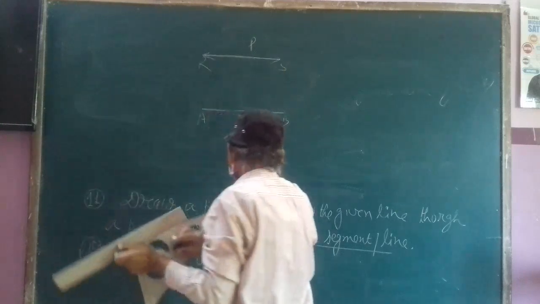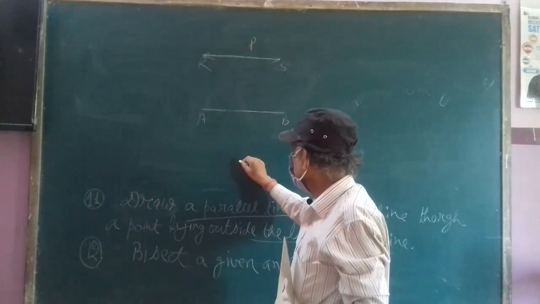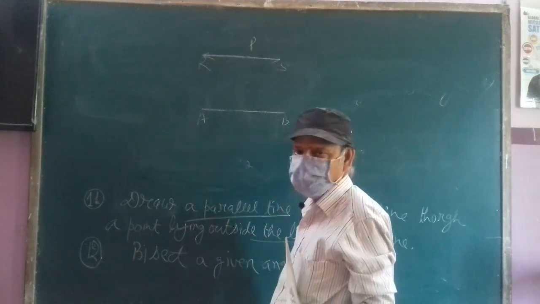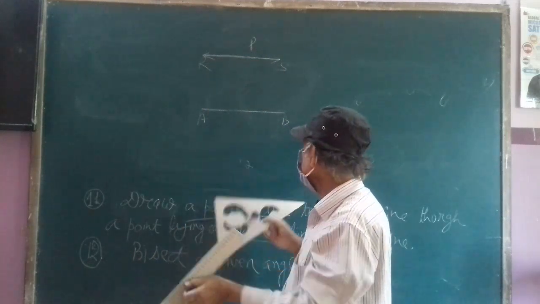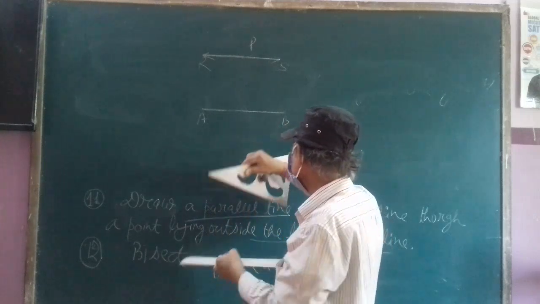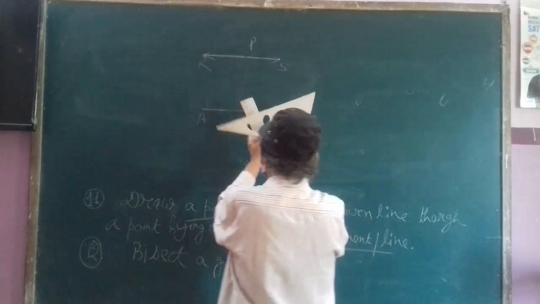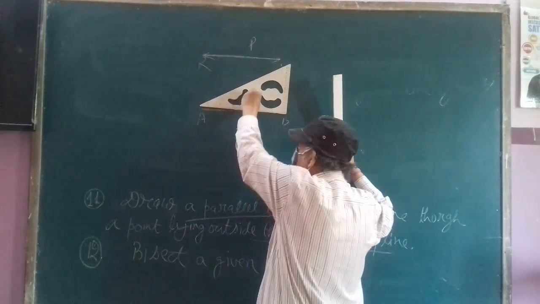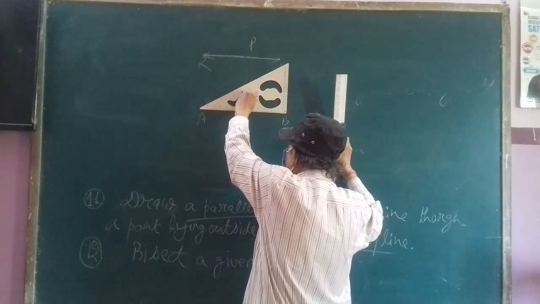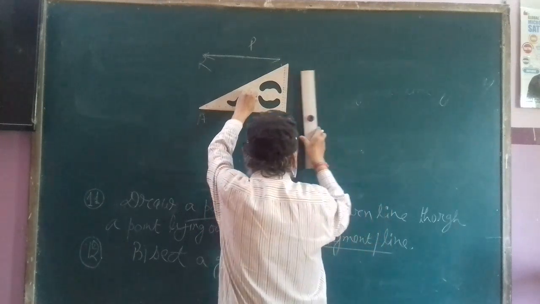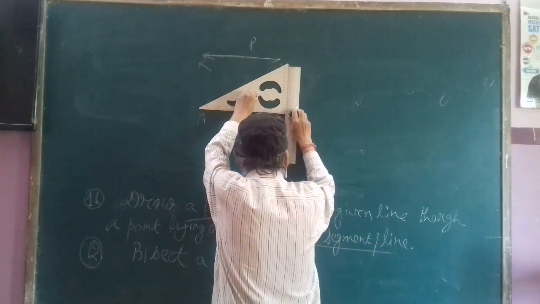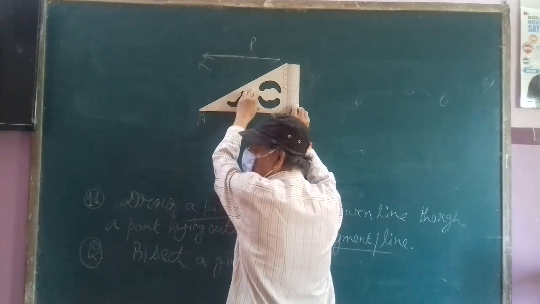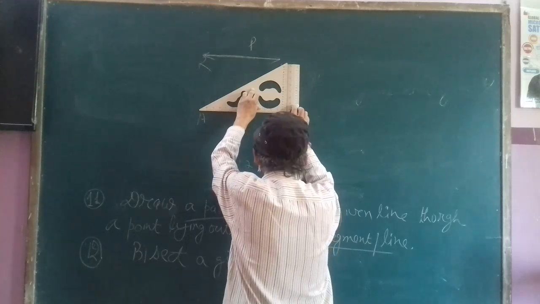This point may also be at the bottom, then you have to go to the bottom side. Okay, you also can do it like this. Hold this in the top of AB. Okay, then align on the top of AB. Hold your scale here again, and previously you tightly pressed with your left hand.